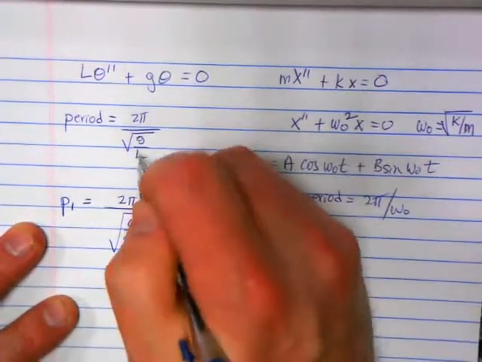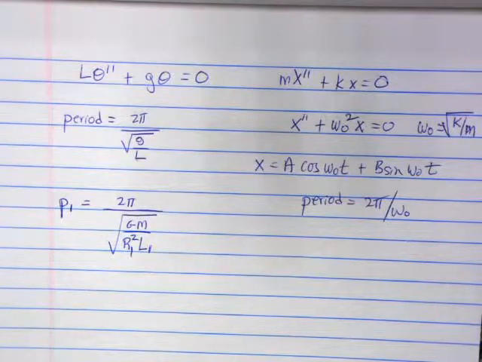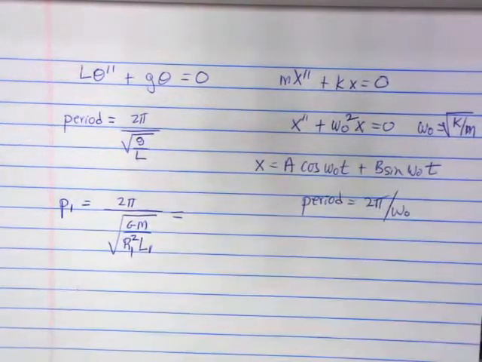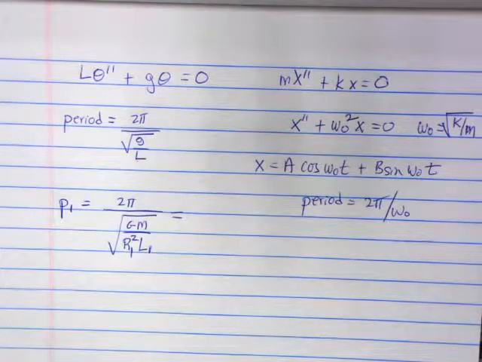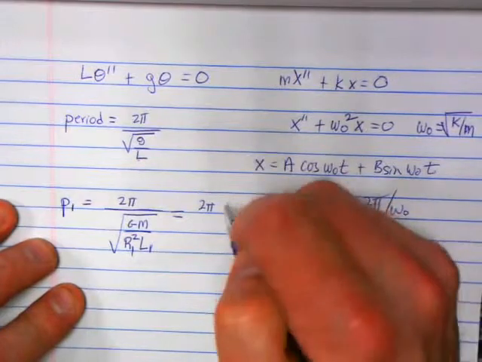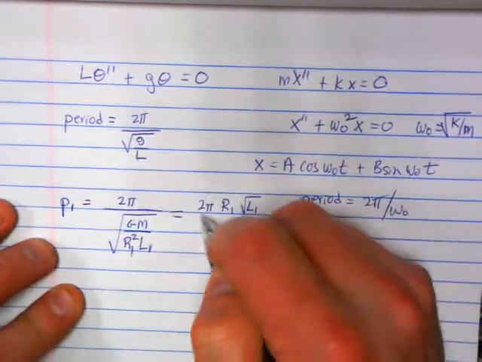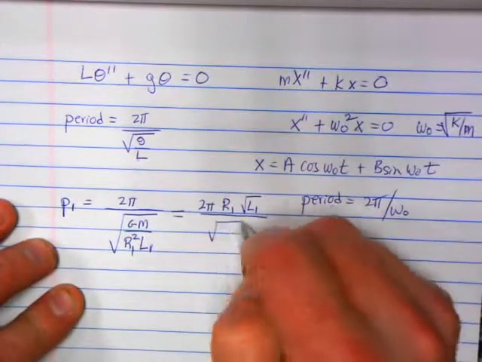And then we still have the length on bottom, so that's length 1. I'm going to rewrite this. This is 2 pi times R1 square root of L1 divided by square root of GM.